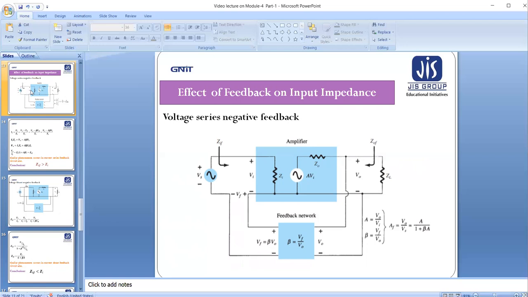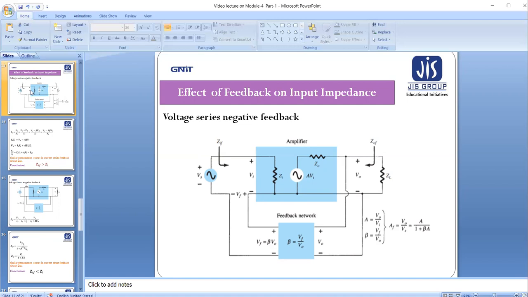The input impedance is so important because, number one, it can protect the circuit from unwanted signals. Number two, it will provide isolation from other devices to the main circuit, so that any electrical disturbance will not hamper its operation.